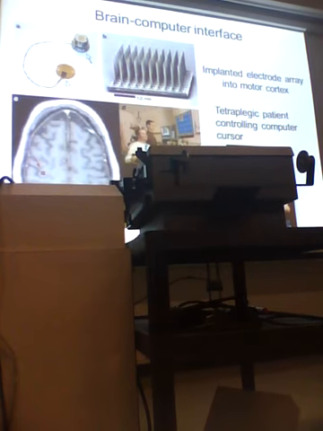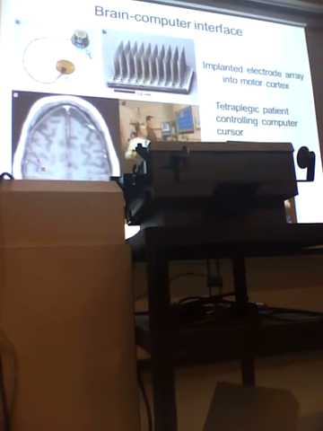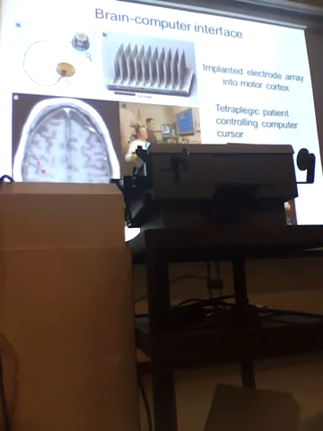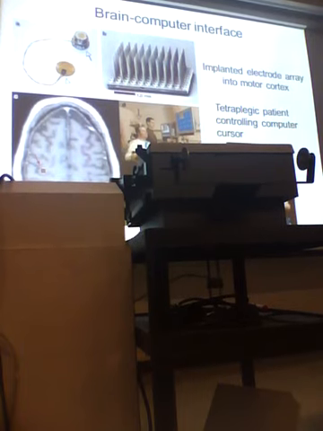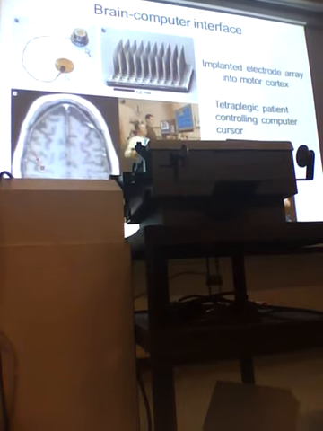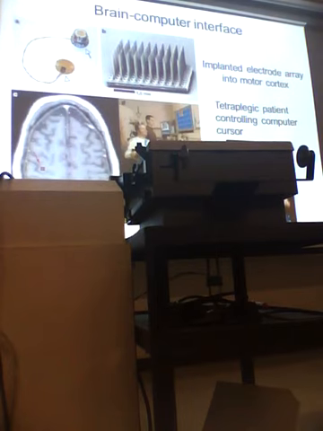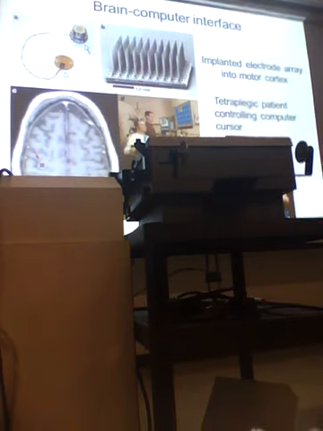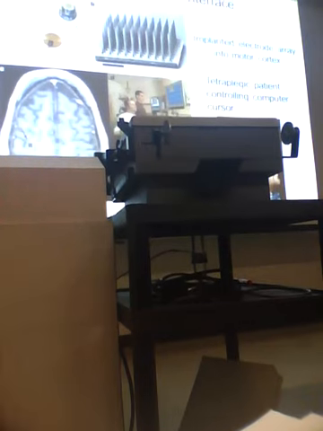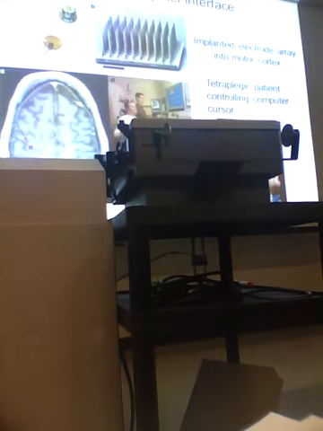And that's all done by this monkey generating the appropriate signals in the motor part of its brain that are then detected by these arrays and allow the animal to control the robot. So just go to YouTube tonight and have a look at that. Just type in brain-computer interface and you'll find a couple of dozen things.